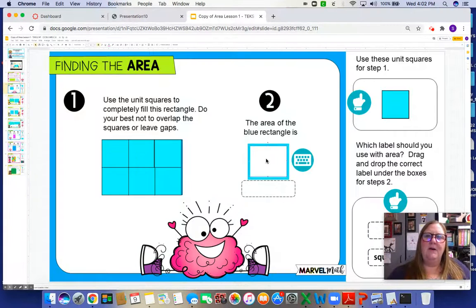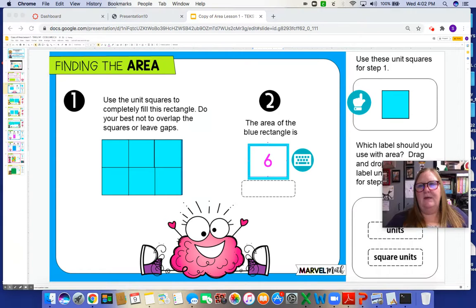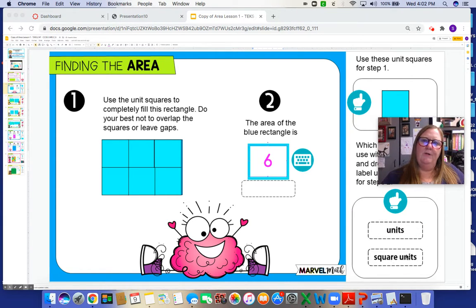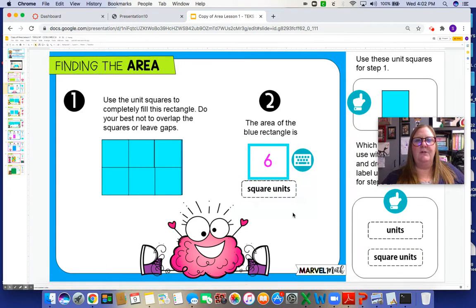So I would say the area of the blue rectangle is 6. And then they want to know what our label would be. Is it units or square units? Hopefully, if you were listening, you said square units. So we're going to drag square units up there. Again, when you're solving for area, it's always square units.